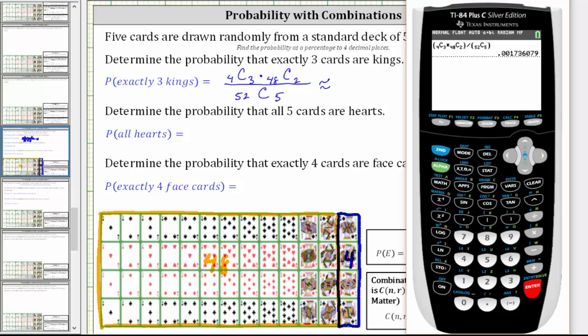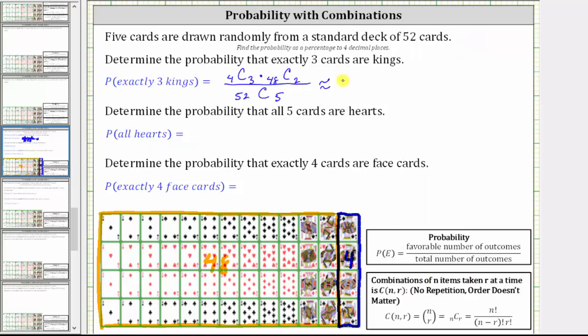Which to 6 decimal places is approximately 0.001736. Which as a percentage is 0.1736%.